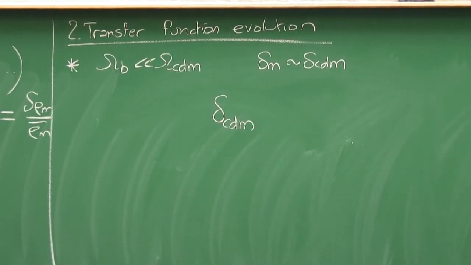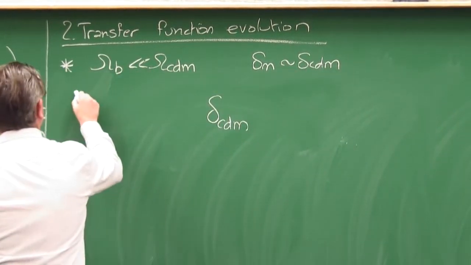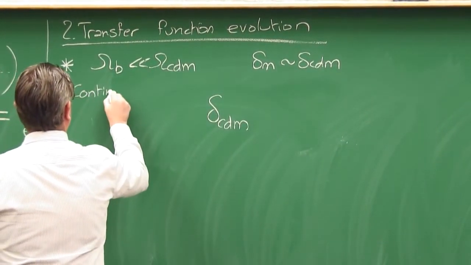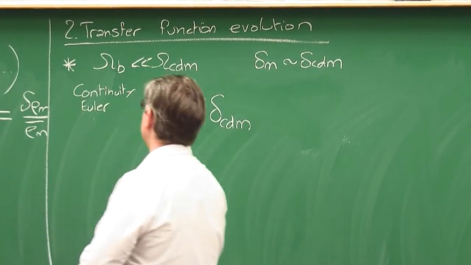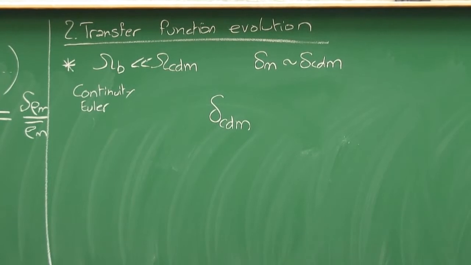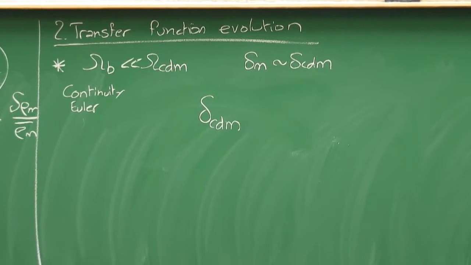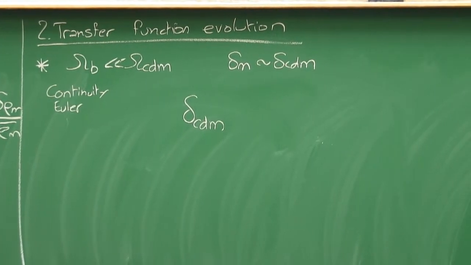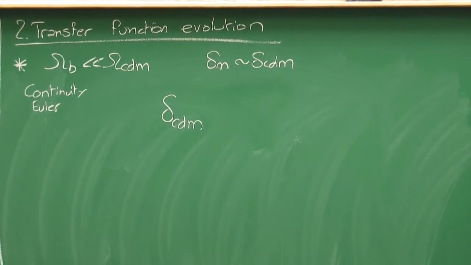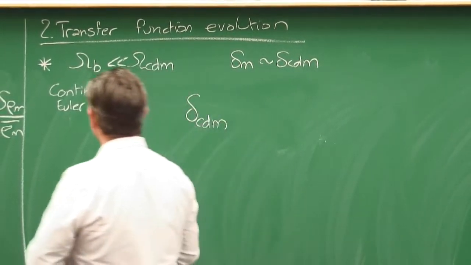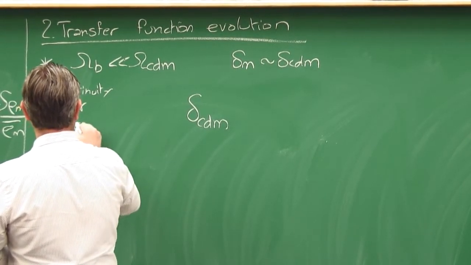You want an equation of evolution for delta CDM. In order to compute such a master equation, you can combine the two equations of motion, the continuity and Euler equations for delta CDM. There are two first-order equations that you can transform into one second-order equation. Delta CDM is coupled gravitationally, so you will have metric fluctuations. If you want a master equation, you want to eliminate this metric fluctuation term, and you do it using the Einstein equations.